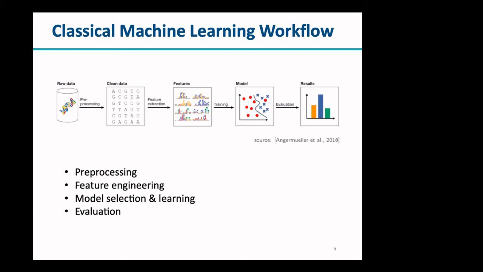And maybe some of these features have correlation with each other, and if you have one of them, no need to keep the other, and you can easily remove it from your data. So this feature extraction or feature engineering is the second phase that you apply to your clean data to extract the useful features.